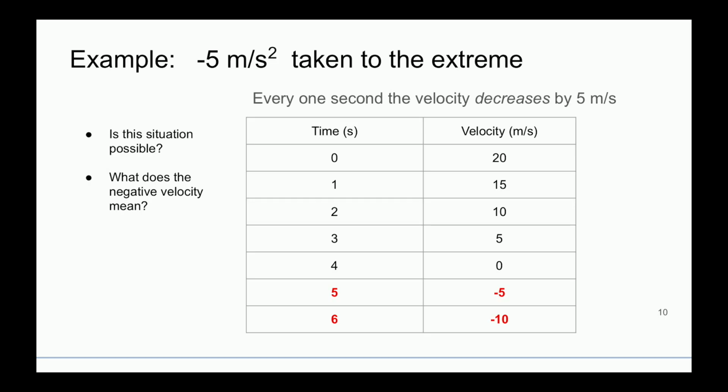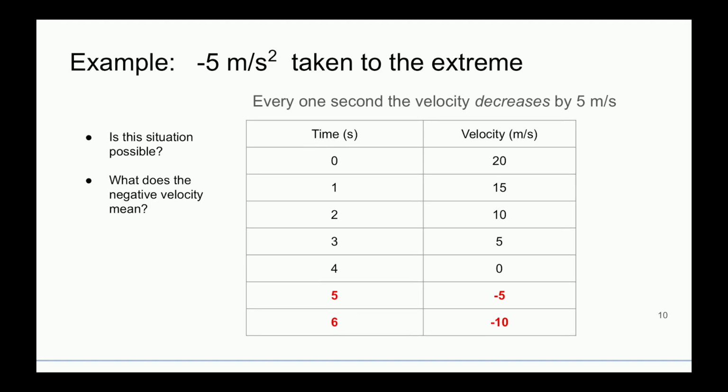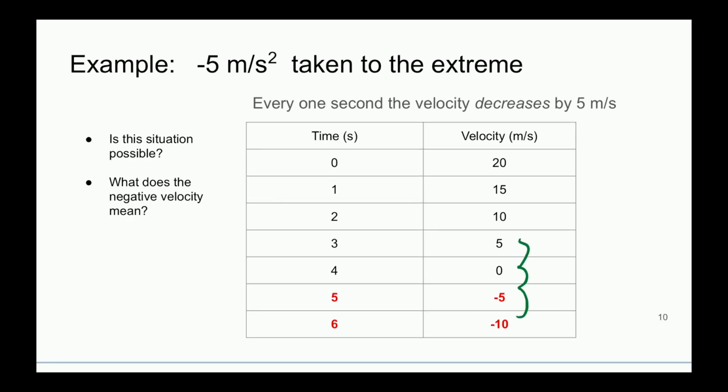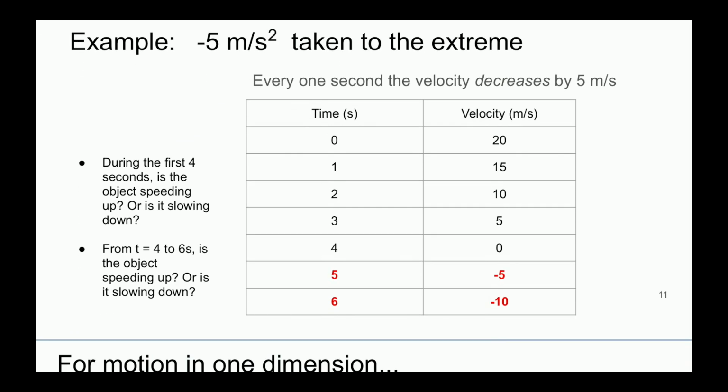Look at the table. It's okay to have 5 meters per second squared negative and just keep going past 0, right? Mathematically, total sense. 5 down to 0, down to -5, down to -10. Totally fine. What this means is that during the first 4 seconds, the object is slowing down, because I'm looking at the magnitude of the velocity.